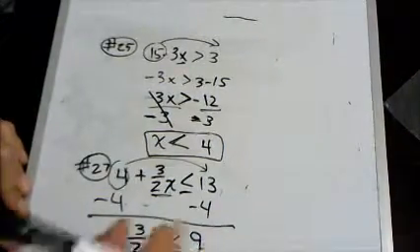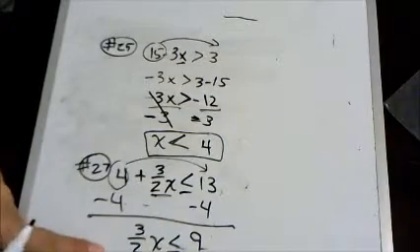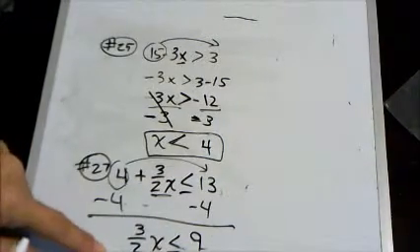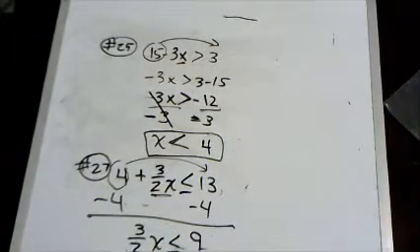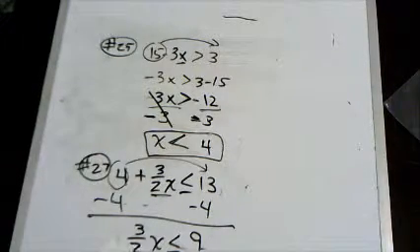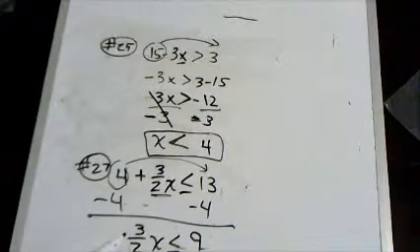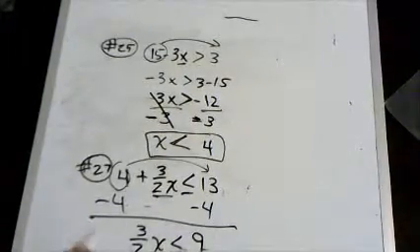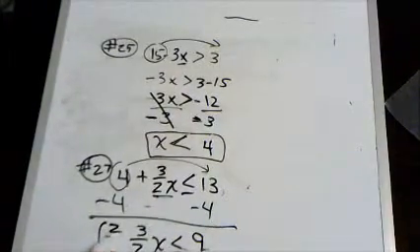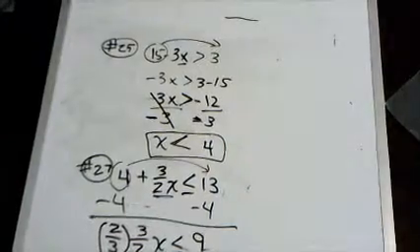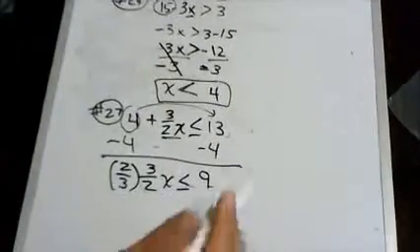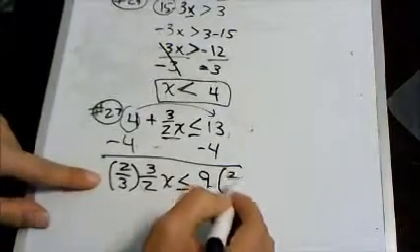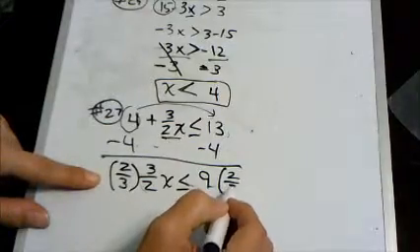So far, so good. Okay, now for this right here, you do not have a whole number, you have a fraction. So what do you do with the fraction? You multiply by the reciprocal. So you have 2 2/3 multiplied by the reciprocal, 3/8.